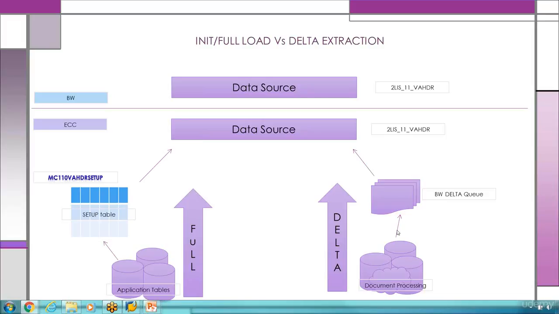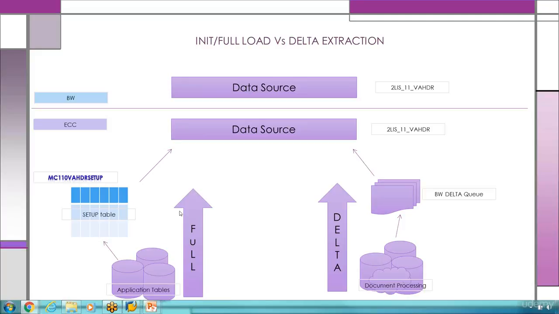Sales and distribution is very important data, so they will always need to know every hour that the data has been extracted. It's collected in the delta Q, and at night we load the data into business warehouse using a process chain. So this is the delta extraction.